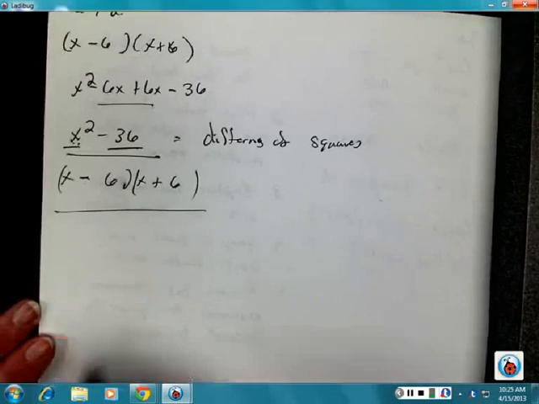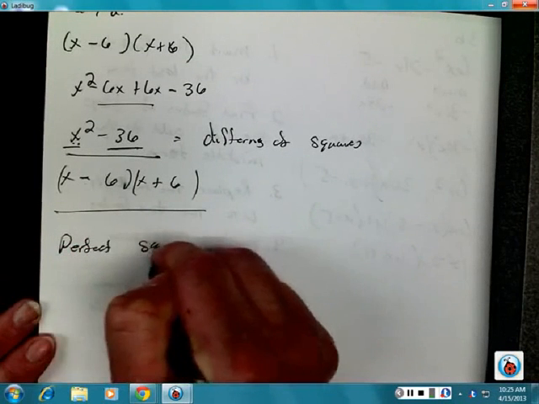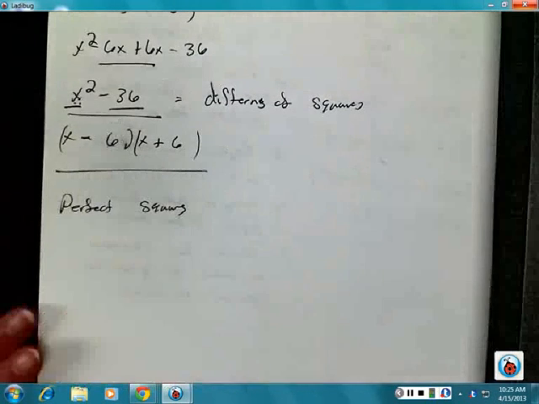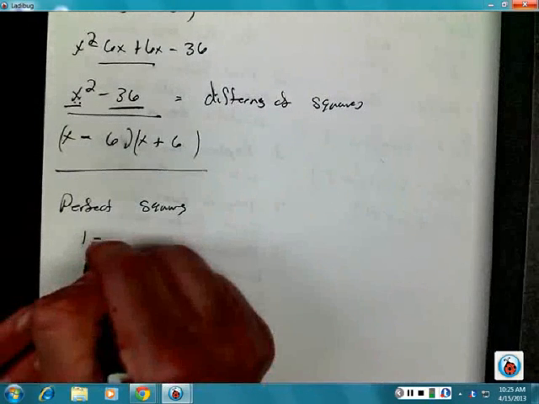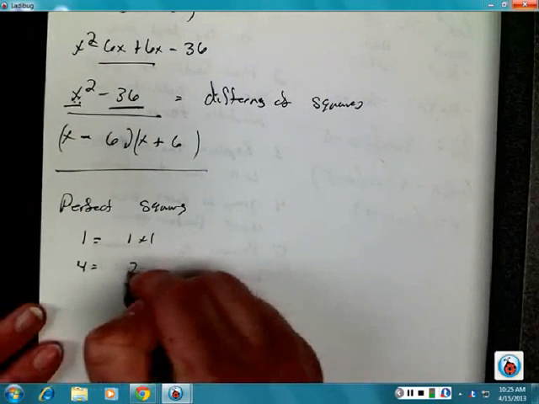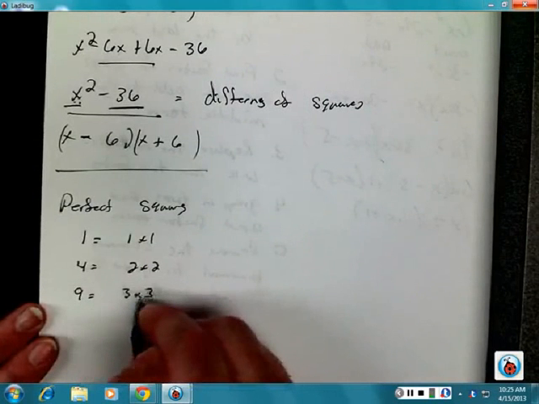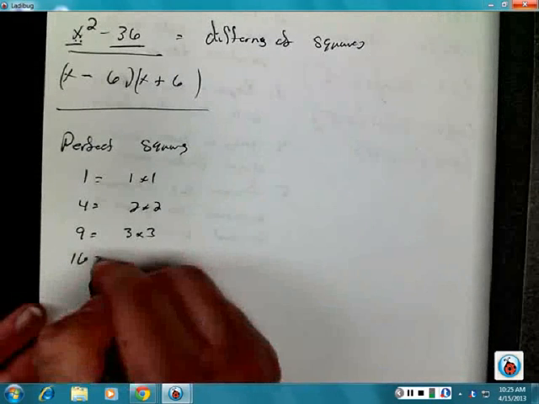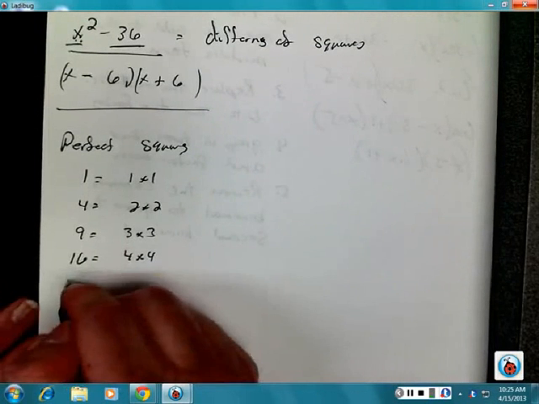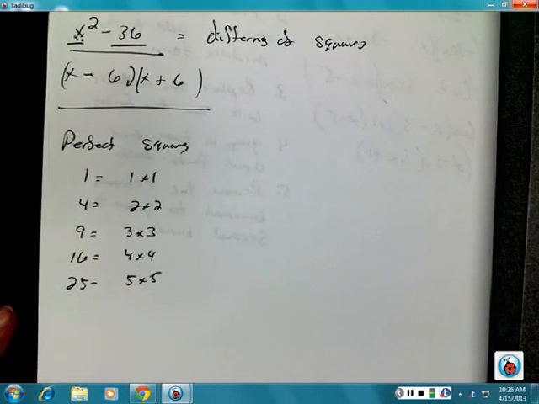But what are some of the perfect squares? So things you're going to be looking for at the tail end of these are things like 1, because 1 is 1 times 1. 4, because it's 2 times 2. 9, because it's 3 times 3. 16, because it's 4 times 4. 25, because that's 5 times 5. And you're kind of getting the pattern there, aren't you?